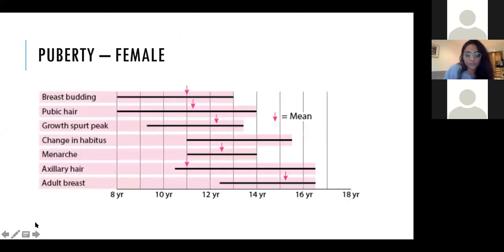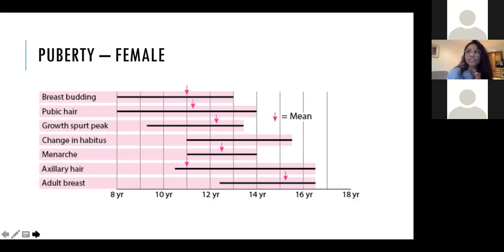Actually, no, I think more questions are coming up, but this is quite an interesting diagram, and I think it explains it so well in just one diagram. You can look at all the different aspects of secondary sexual characteristics and when they happen. Like I said earlier, in females, most of the time, the first sign of puberty happens between the ages of 8 and 13.